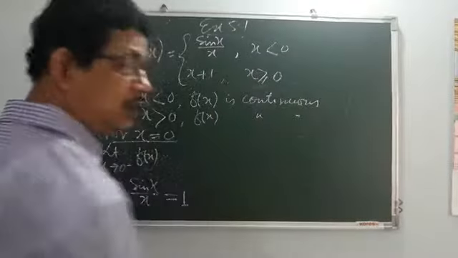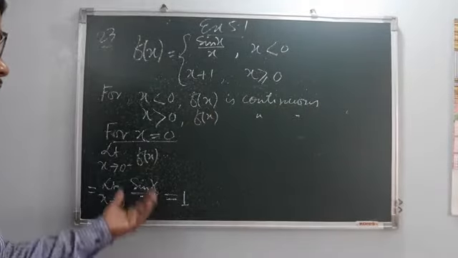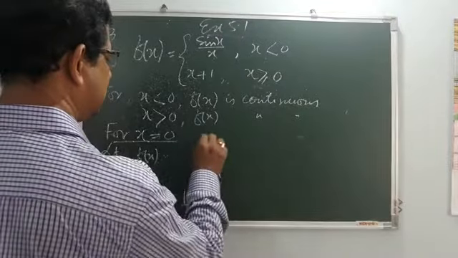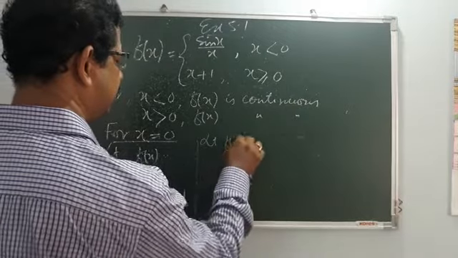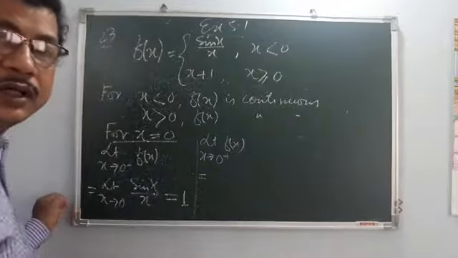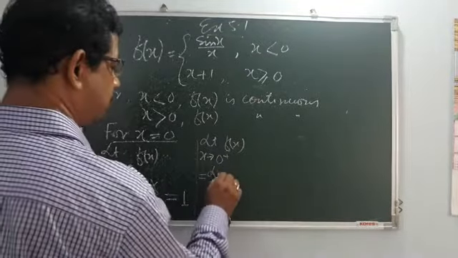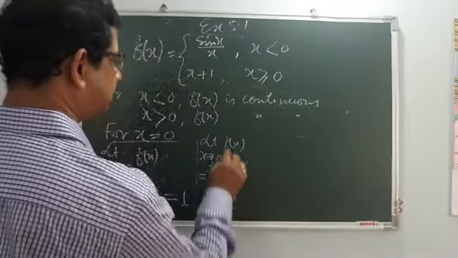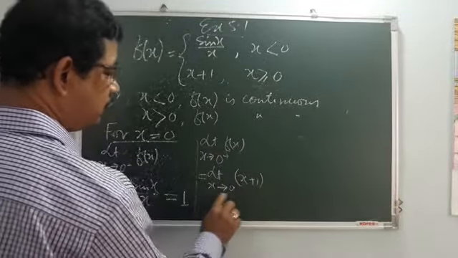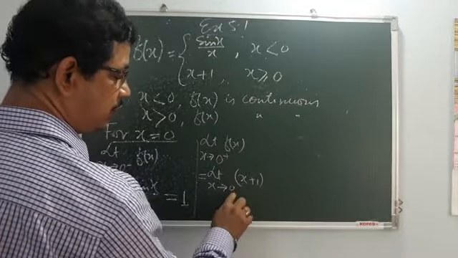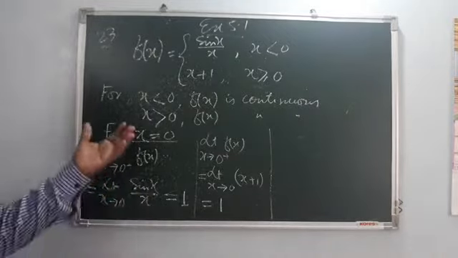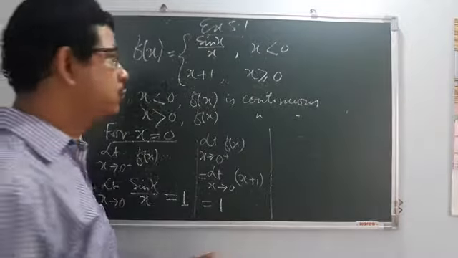We learned in class 11 that sin x by x when x tends to 0 is 1. Now write limit of f(x) as x tends to 0 plus. 0 plus means a little greater than 0. For x greater than 0, f(x) is x plus 1. If we take this limit, we replace x by 0, 0 plus 1 is 1. So LHL is 1, RHL is also 1.